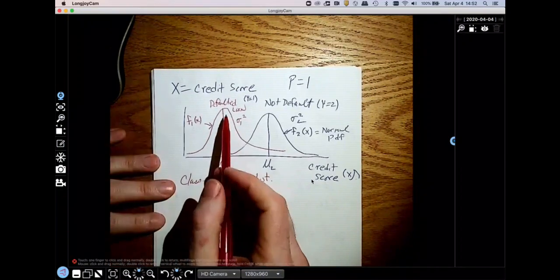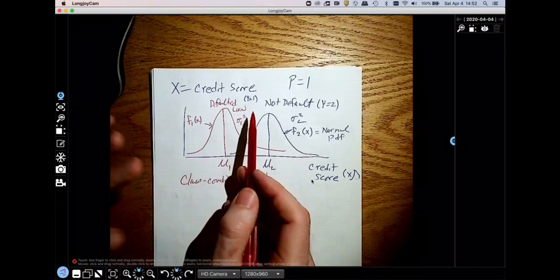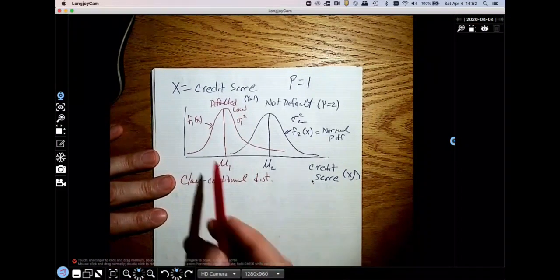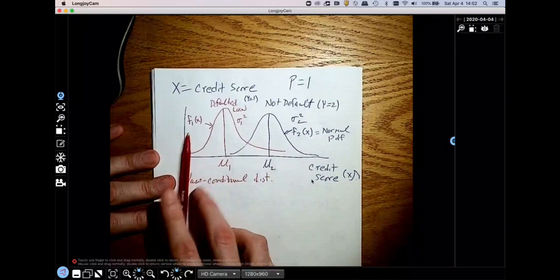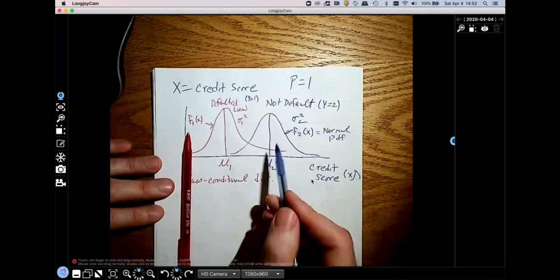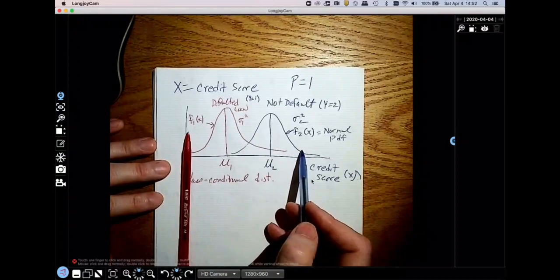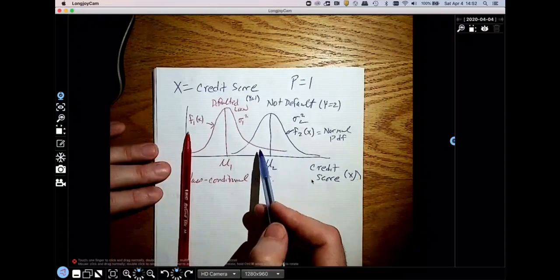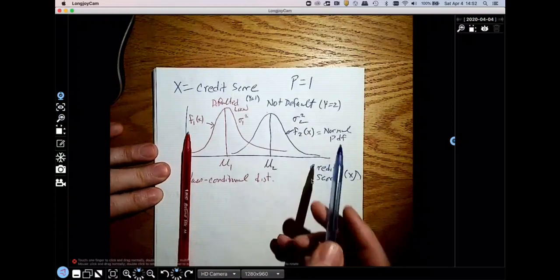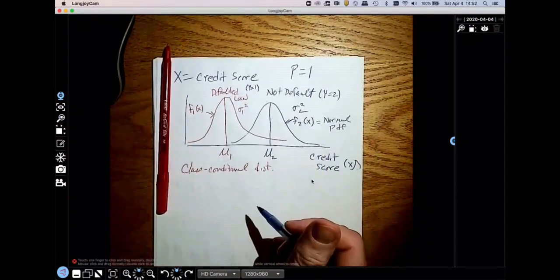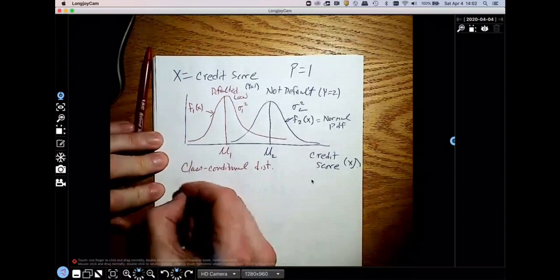So if I say this is the defaulted group, then the class-conditional distribution describes the distribution for that group. Alternatively, I could say this is the non-default group, and then the class-conditional distribution for that group is the blue one. All right, what's the prior distribution in this case? So the prior would be this.